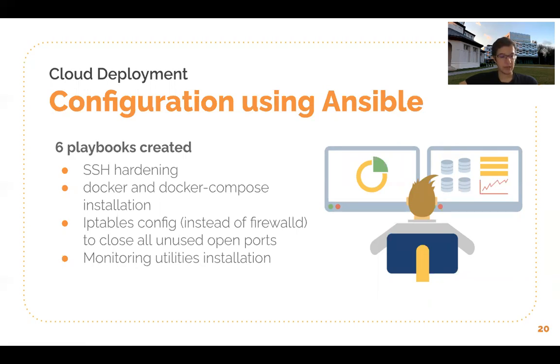We have also created playbooks for iptables configuration to close all unused open ports. We started doing it with a firewall, but the firewall seemed to be in conflict with Docker, so our solution was to use iptables. And the last playbook was the installation of monitoring utilities.